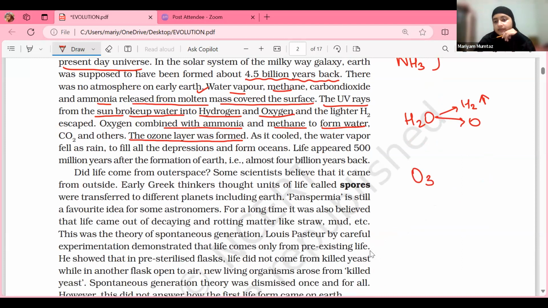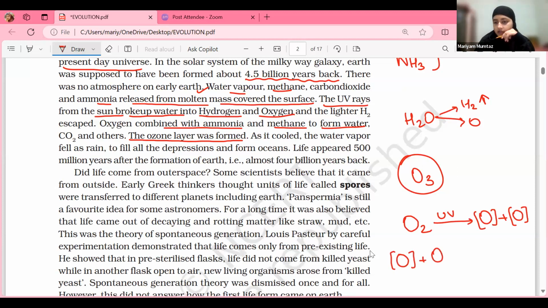Ozone is O3. When oxygen is reacted with UV light, the oxygen splits into its atoms. You might have studied this in chemistry, right? Now, when one atom of oxygen mixes with an oxygen molecule, what is formed is ozone.